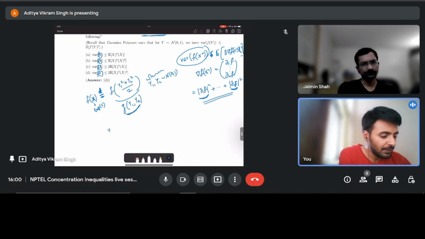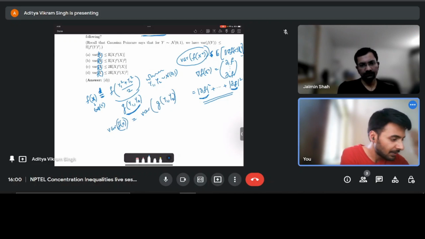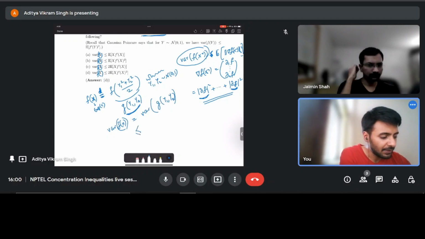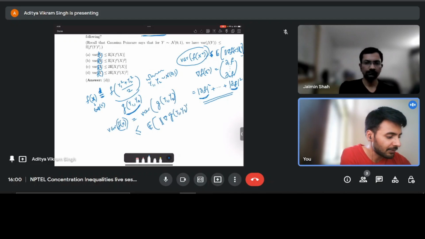We want to compute the variance of f(X), which is the same as the variance of g(y1, y2), where y1 and y2 are standard normal. And we know that this would be less than or equal to the expected value of the gradient of g squared, by Gaussian Poincare.